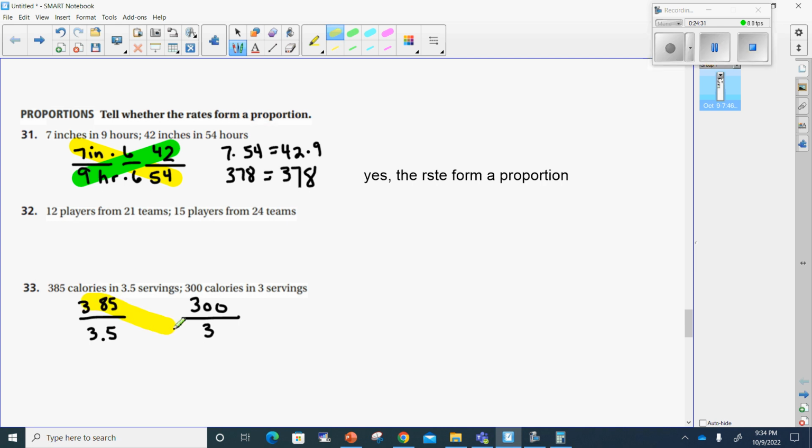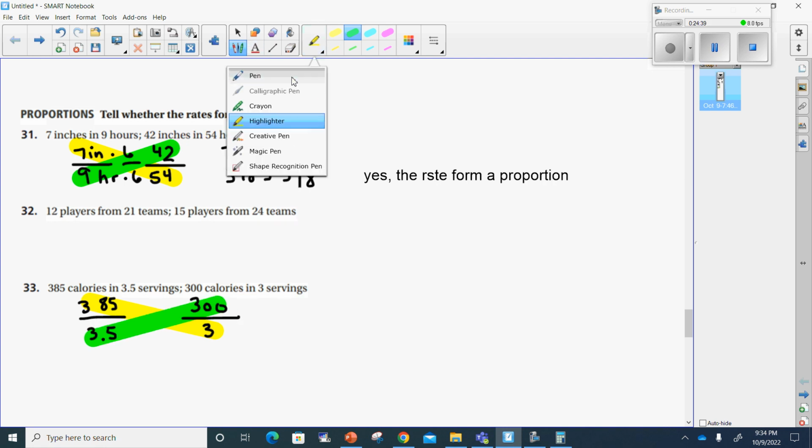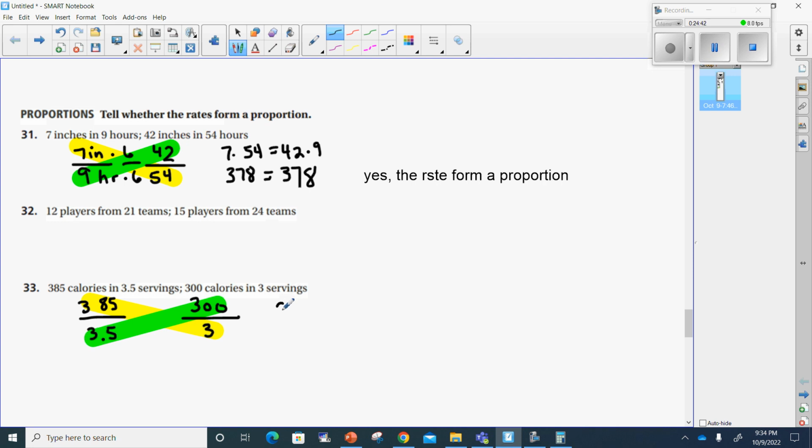I'm going to take the top number and the bottom number, and they have to be equal to this bottom number and this top number. This is going to mean, well, 385 times 3, is it going to equal 300 times 3.5?